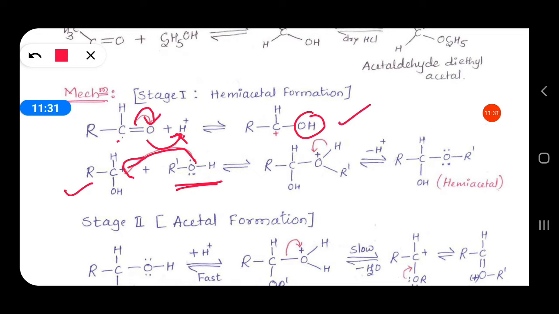For the formation of the new carbon oxygen bond, oxygen loses a pair of electrons, so it gets a positive charge. Now one of the OH bond electrons are shifted to oxygen, so H plus is removed and it gives hemiacetal.